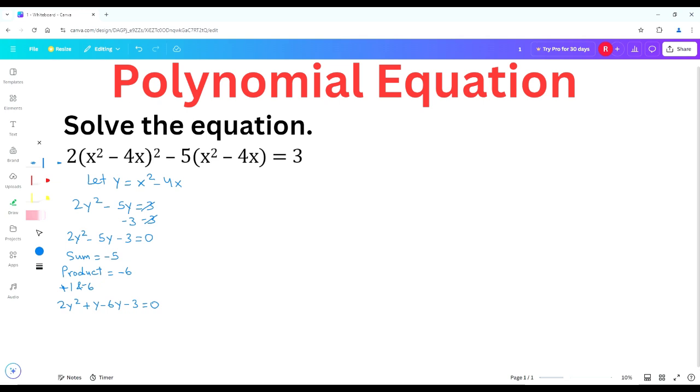Now we can use the grouping method. We can pair up the first two terms and the last two terms. We can do common factoring from each pair. From the first pair, we can factor out a y. From the second pair, we can factor out negative 3.